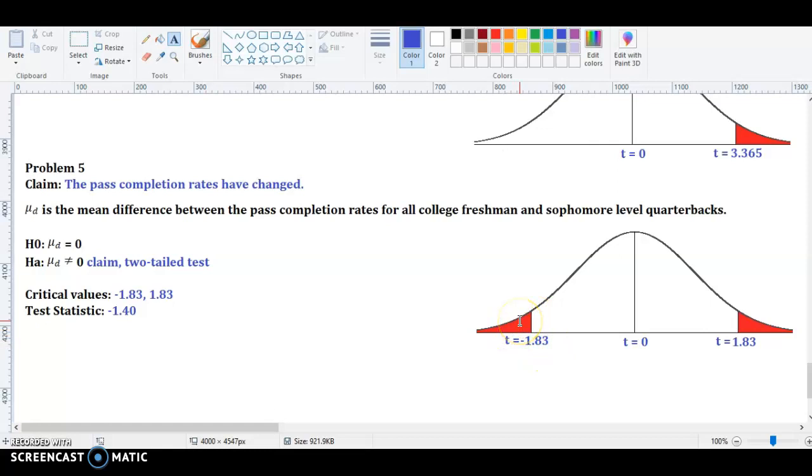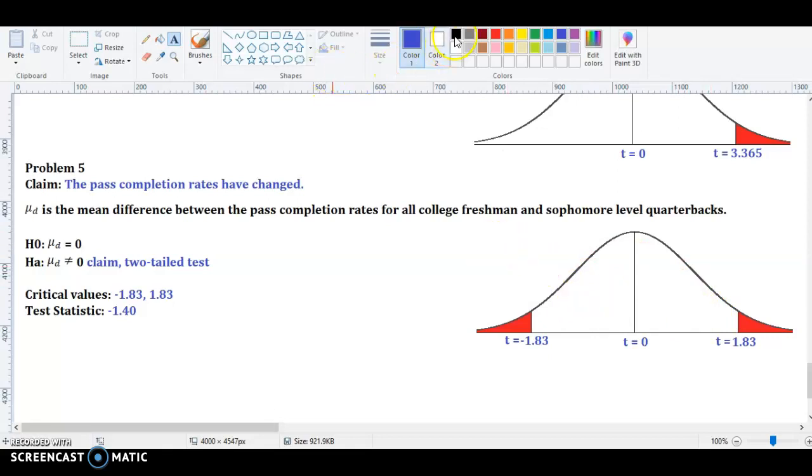You shade the rejection region, so you know which part of the diagram represents it, and then compare your test statistic to these two values. If the test statistic is between the two values, in the unshaded region, it's not in the rejection region. But if it's in either tail, less than negative 1.83 or greater than positive 1.83, then it's in the rejection region. We can clearly see that the test statistic of negative 1.40 is between the two values, so it's in the unshaded region of our diagram.